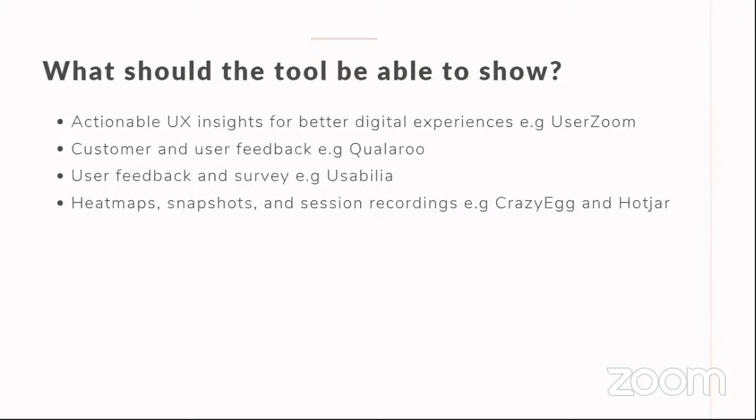Then if you want a tool where you can see how people are clicking on your product, on your app, or on your website, you want to see screenshots of when they were using it. If you even want to watch how they were using your product, your website, or your app, there are tools that can do that. Two of the best ones we have are Hotjar and Crazy Egg.